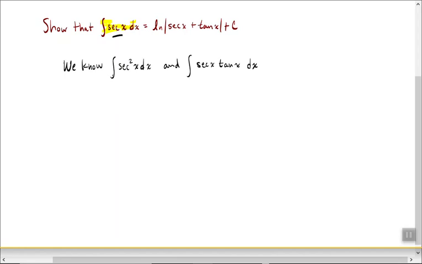So let's just assume that we could have this secant squared x and this secant x tan x, and they were added together.